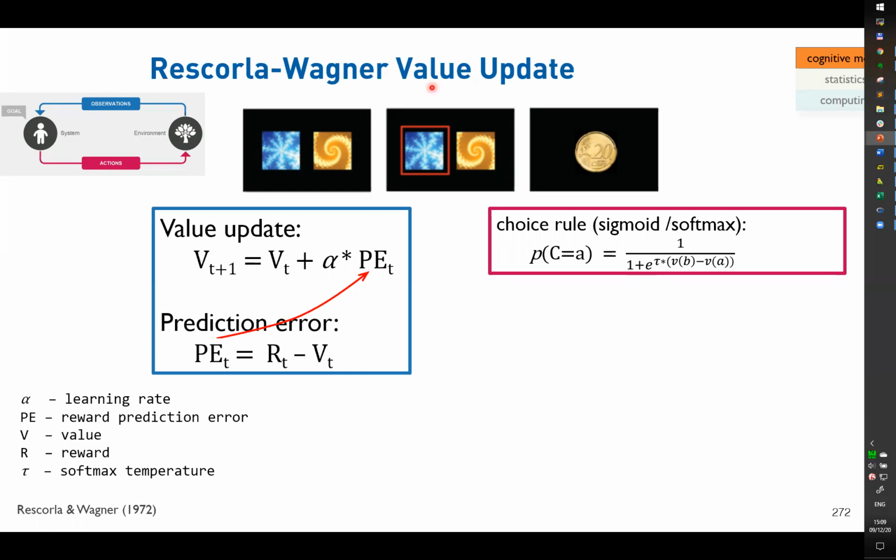And what we are going to do is that we want to model it, right? Under the simple reinforcement learning framework that we introduced, for the model part, we will use the Rescorla-Wagner value update rule. If you recall, the idea of the Rescorla-Wagner value update is to learn from feedback, or in other words, it is feedback-driven learning.